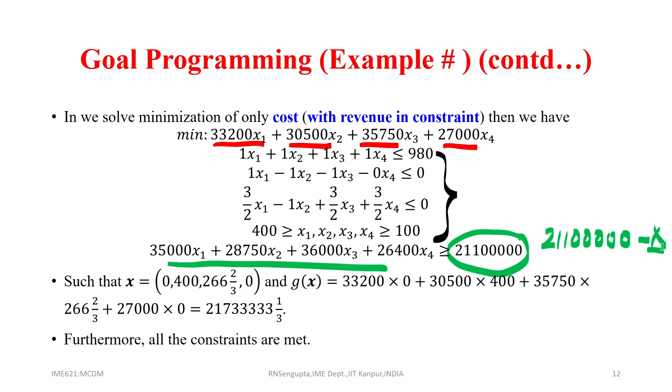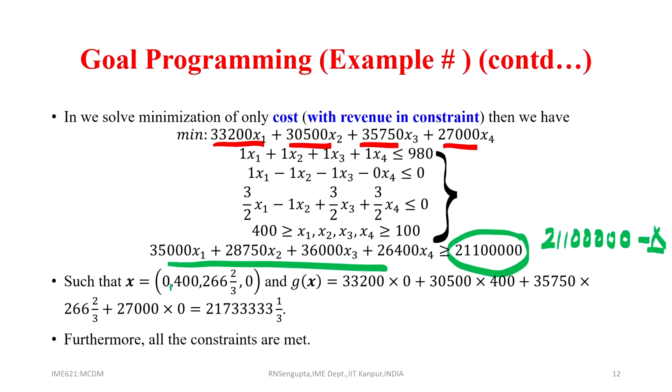Delta can be very large here, I am just using it as a symbol, and based on that I solve. When I solve it, the values for x1 and x4 are 0, that is a different question. But the values we get are 400 and 266 and 2/3 for x2 and x3.